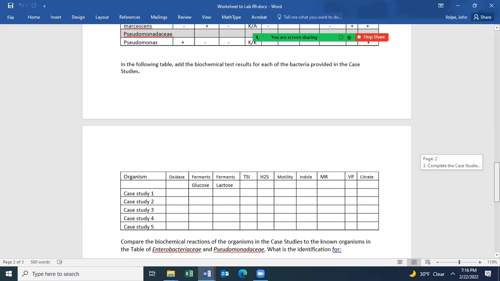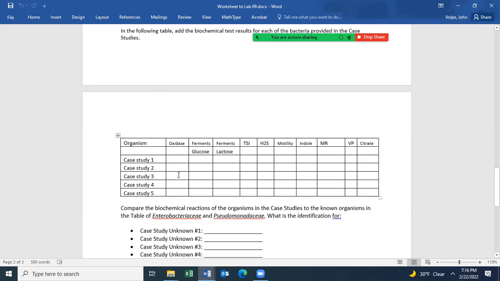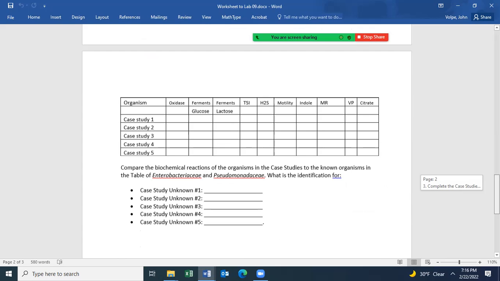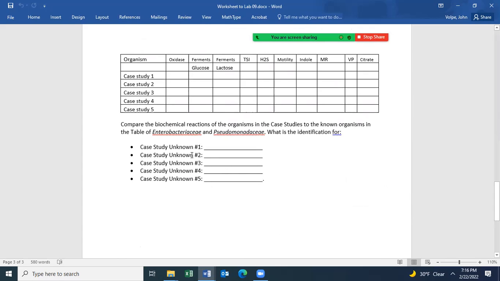And then you have the case studies right here. You can fill in the table here for what the different tests were. And then for case study unknown 1, tell me what the species is that caused the infection for case studies 1, 2, 3, 4, and 5.